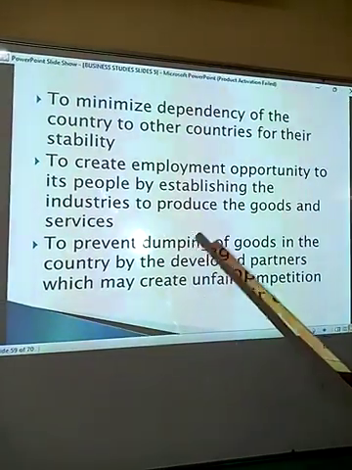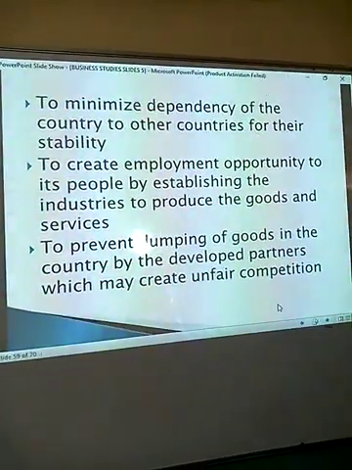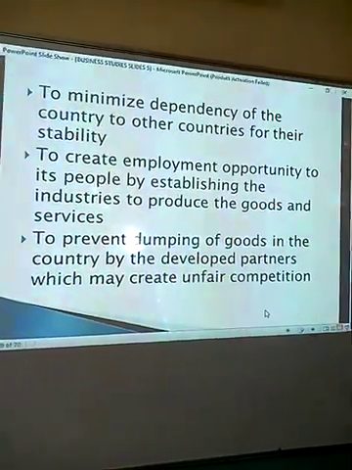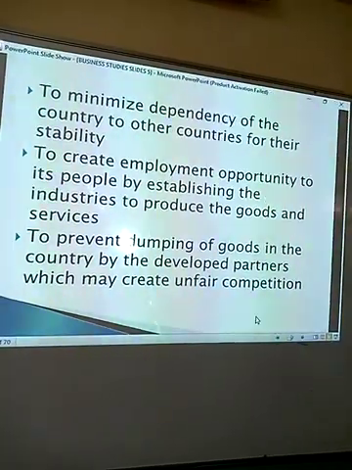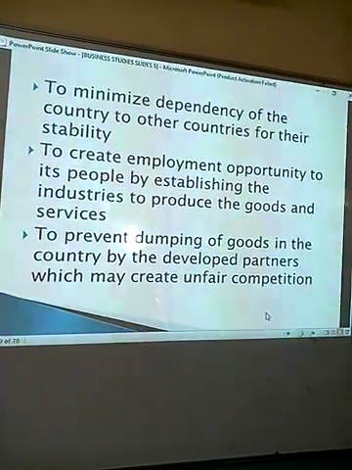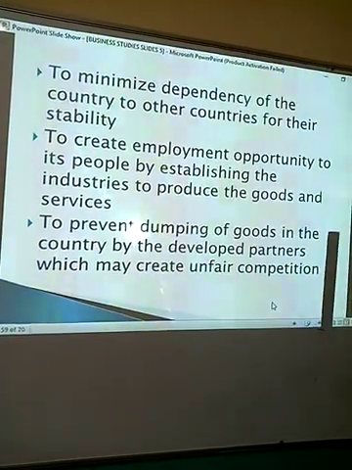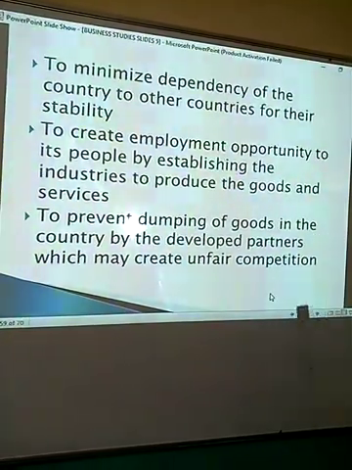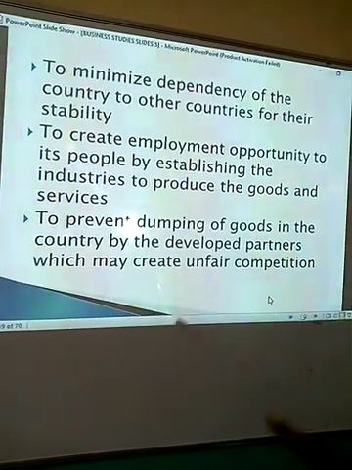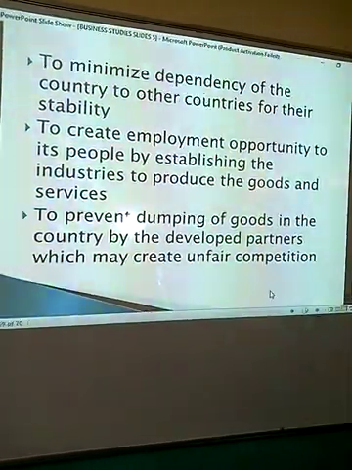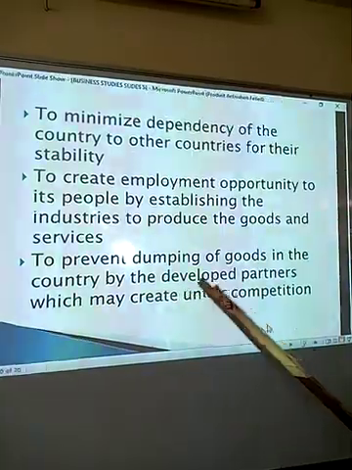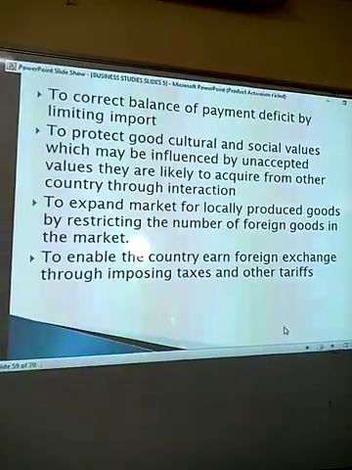Another one is to prevent dumping of goods in the country. Dumping simply means selling of third-hand, very cheap commodities in a country. A country needs to prevent dumping, like we've heard of third-hand mobile phones getting their way into our country. These need to be controlled, as they may create unfair competition.